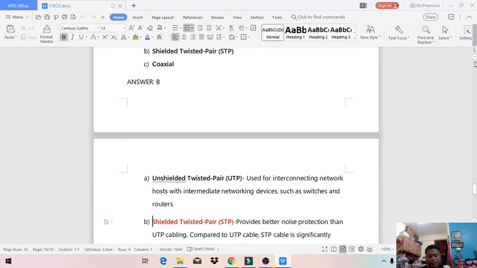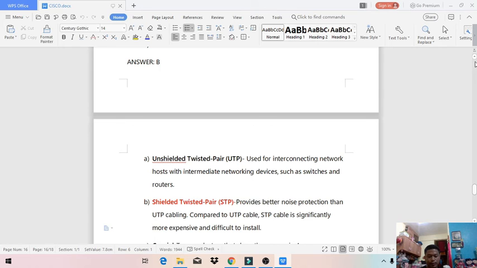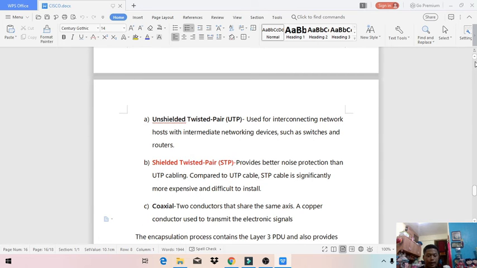The correct answer is letter B, the shielded twisted pair. Coaxial has two conductors on the same axis, a copper conductor used to transmit the electronic signal. And unshielded twisted pair is used for interconnecting network hosts with intermediate networking devices such as a switch and router.